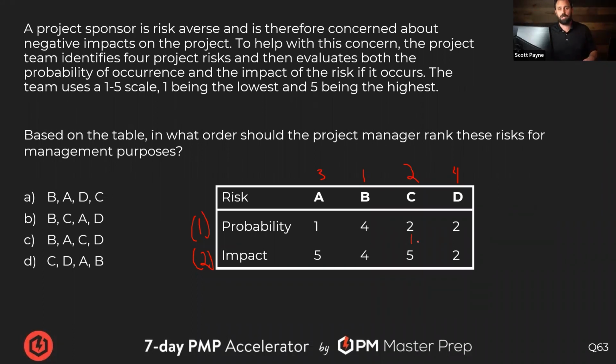If I said there was another way, just back of the envelope, arithmetic style, what would you guess? Multiply probability times impact and then rank them. So 5, 16, 10, and 4. Which one's the worst, big number or small number?